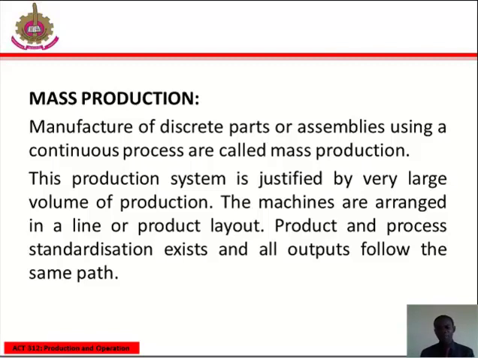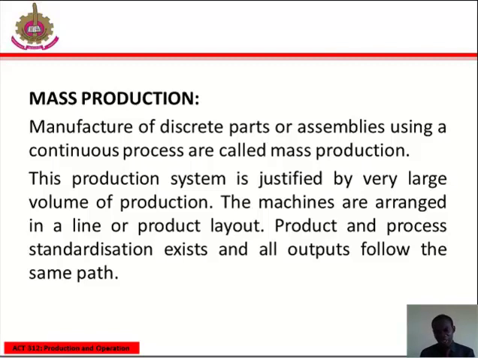It also has the ability for flow of materials, components, and parts continuously and without any backtracking. Production planning and control is easy in mass production. Material handling can be completely automatic.